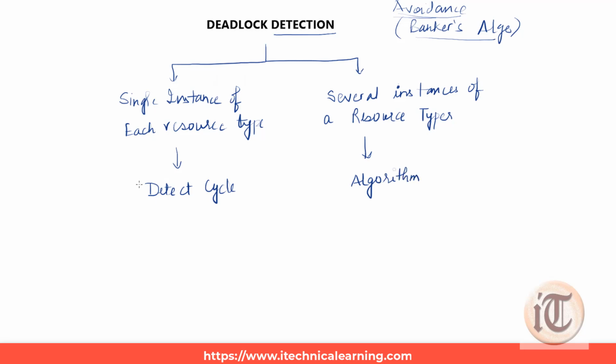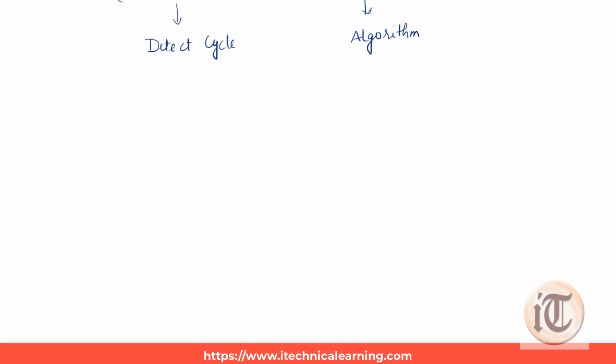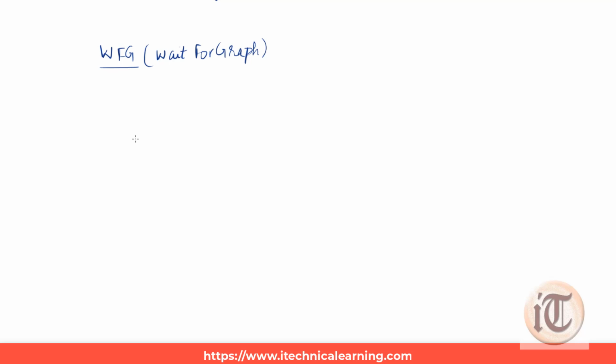In this lecture we'll discuss our first approach, in which we have a single instance of each resource type available. To detect the cycles in such a case, we take the help of a special graph which is called the wait for graph, or WFG.